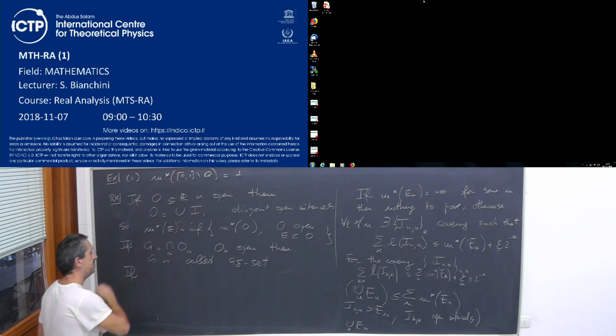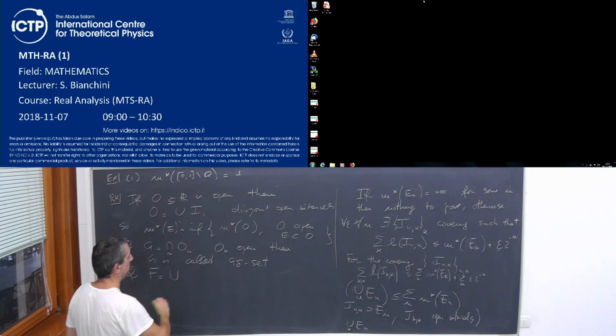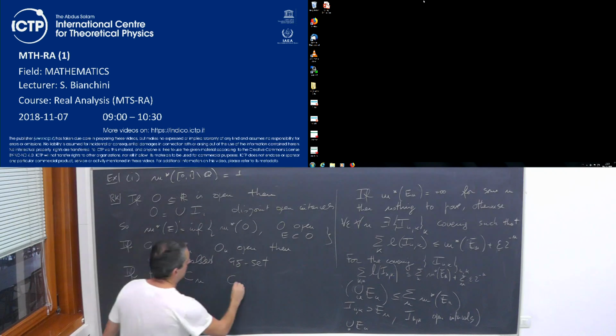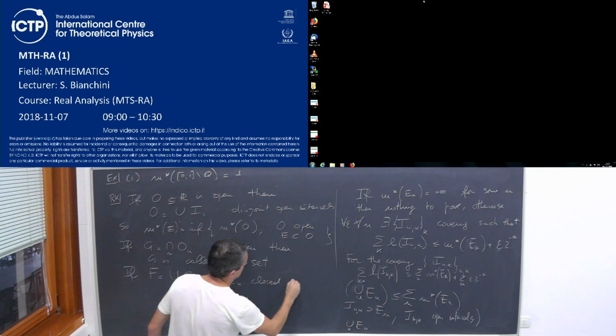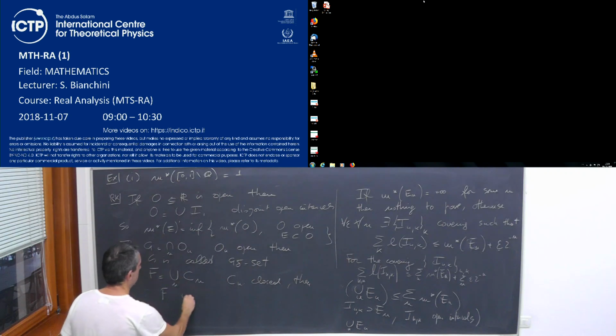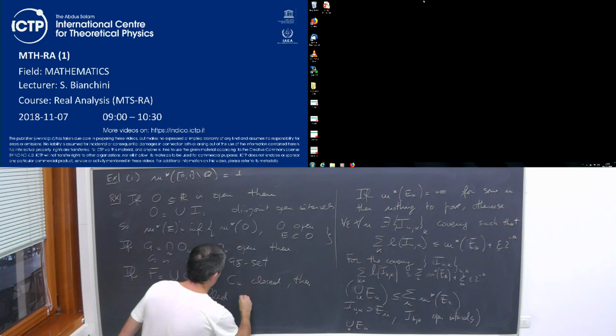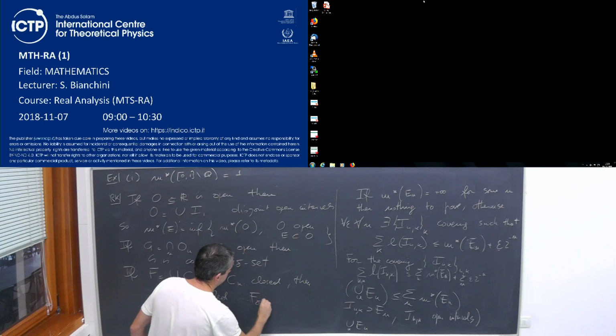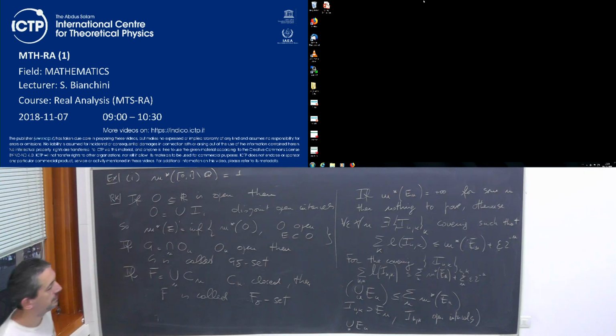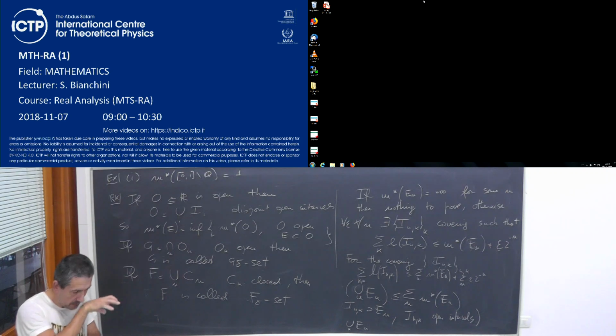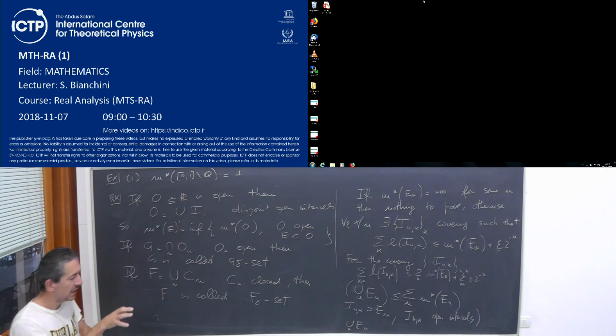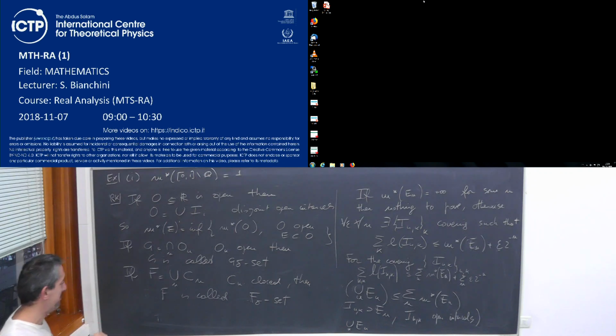And if F is the union of Cn closed, then F is called an F sigma set. So in some sense these are the easy sets you can build from the topology using only countable intersection and complementation, which are the two operations of the sigma algebra.